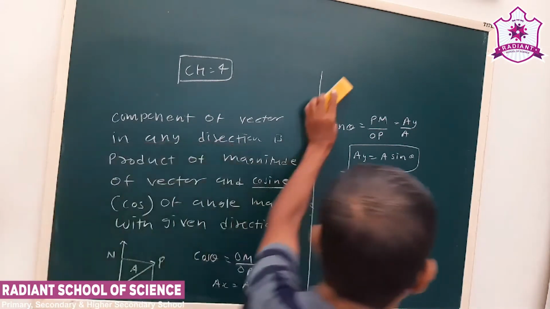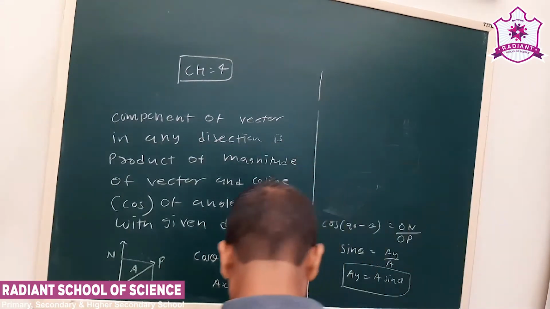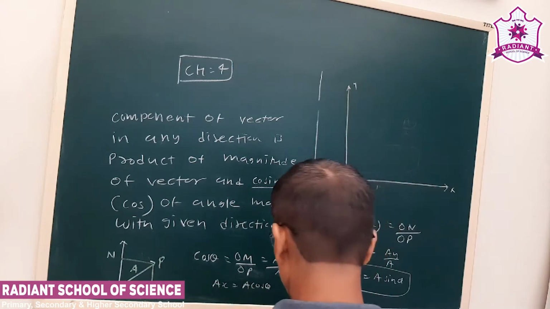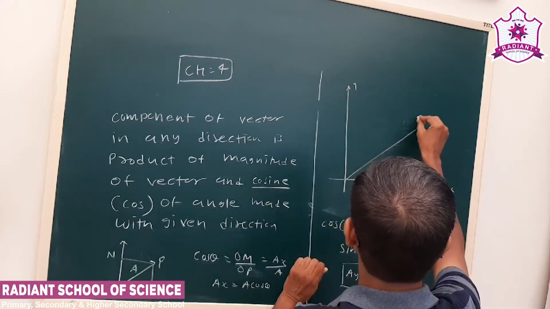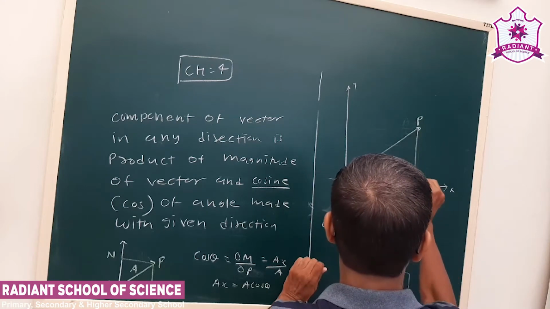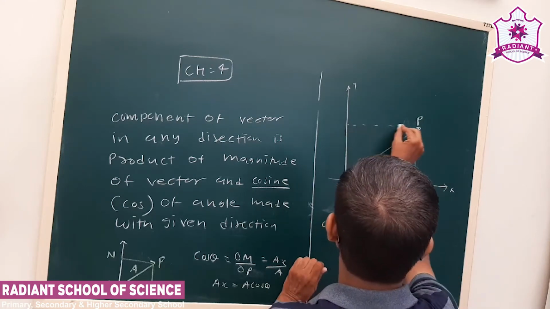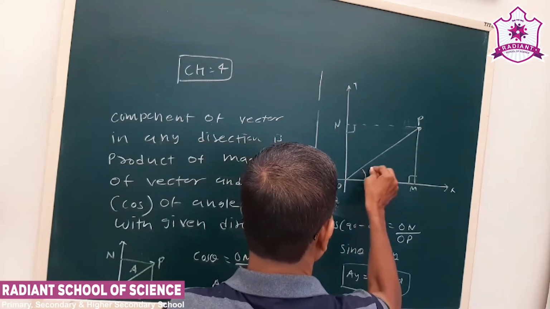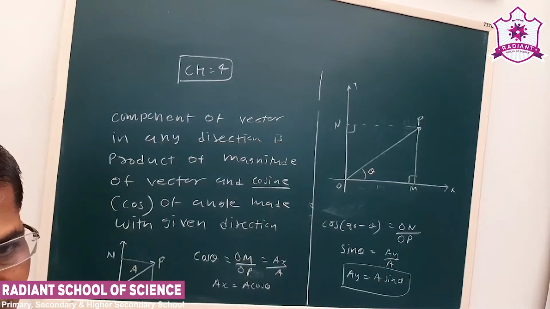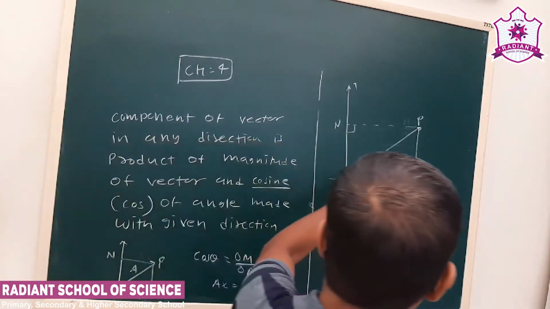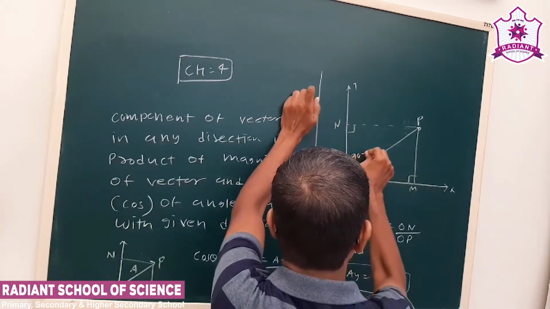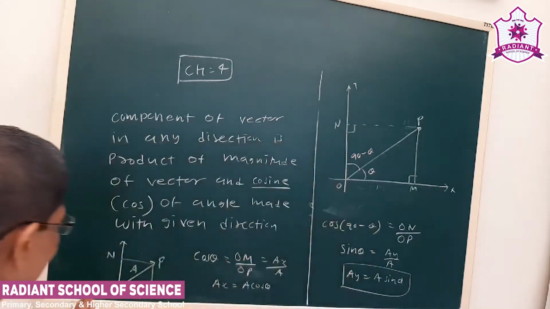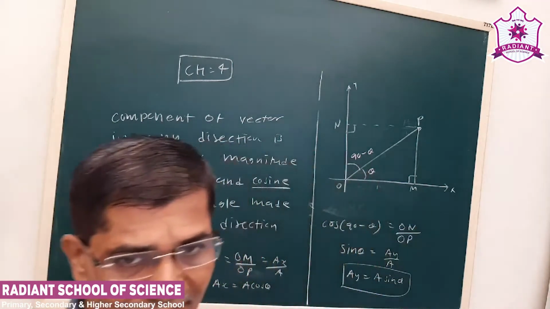Let me draw the diagram a little bit larger, so it will be easy for you to remember and understand. See our OP. Now see, the angle with the x-axis is theta. As we have discussed, these two are complementary angles, so this angle will be 90 minus theta. Earlier we talked of triangle OPM to obtain the x component.